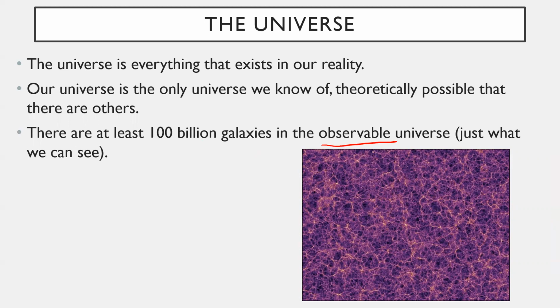The observable universe is just what we can see in a certain direction in all different ways. But we know just by how the universe must have formed that there must be stuff outside there that just hasn't had enough time for the light to get to us yet. That would be the total universe, or the full real universe. The observable universe is just the stuff that we can see. Crazy stuff to think of here.